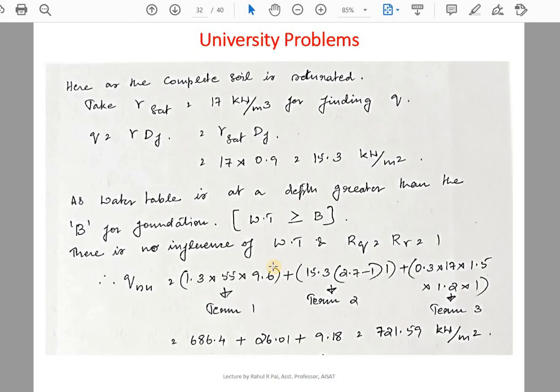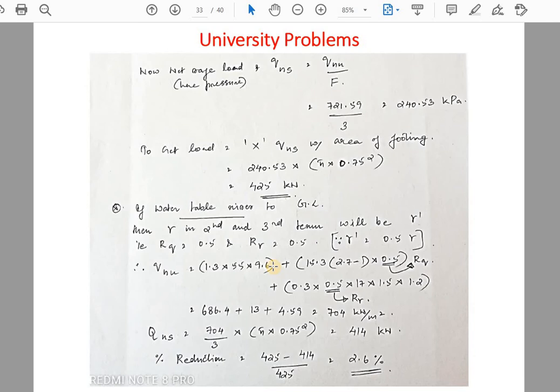Now you have the net ultimate bearing capacity. Now how will you find the net safe bearing capacity? To find the net safe bearing capacity, just divide the net ultimate bearing capacity with the factor of safety. The factor of safety here is 3, so you get the net safe bearing capacity as 240 kPa. Now how will you find the safe load? They are asking to find a safe load.